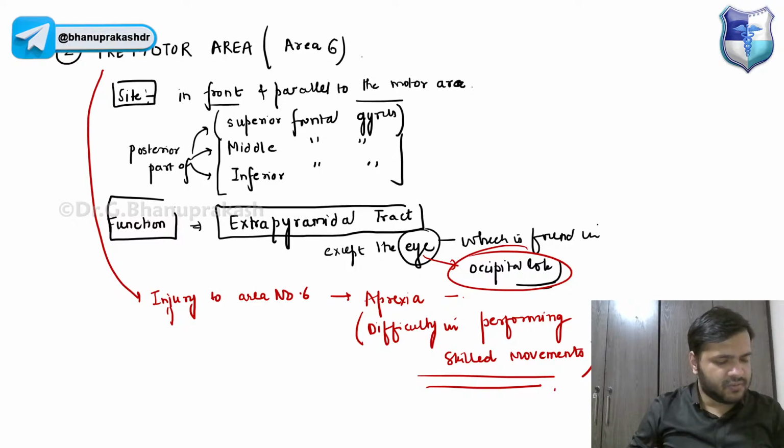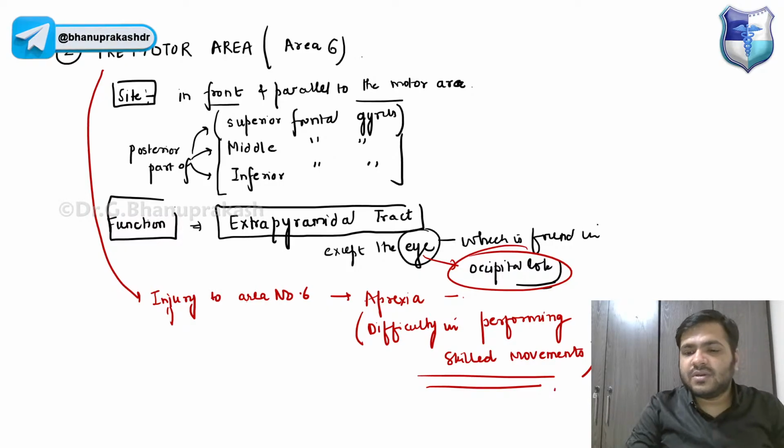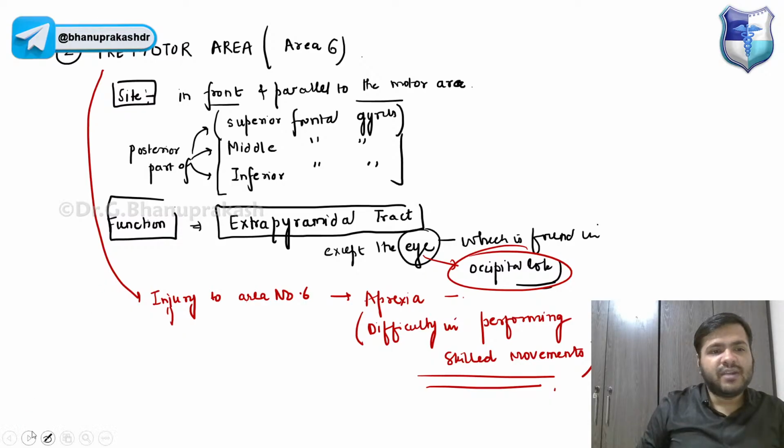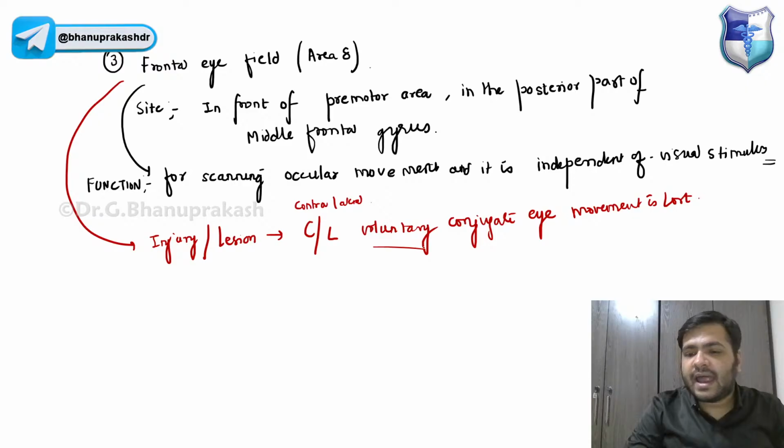So yes, but voluntary scanning movement will not be there, and you'll see the deviation of the eye towards the lesion only, guys. That is something you have to remember over here.